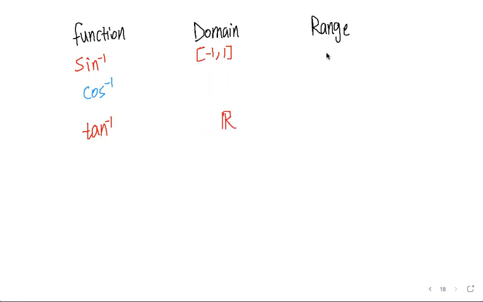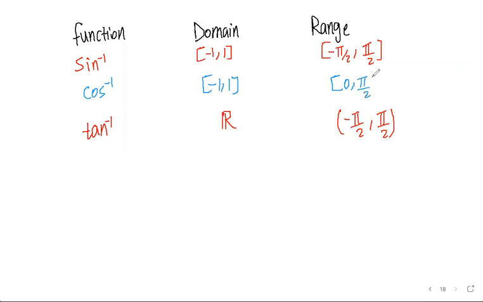For the range, we have from minus pi over 2 to pi over 2, and the same here for tan, from minus pi over 2 to pi over 2, but here open parentheses. For the cosine, the domain is the same as the sine inverse, and the range is from 0 to pi.